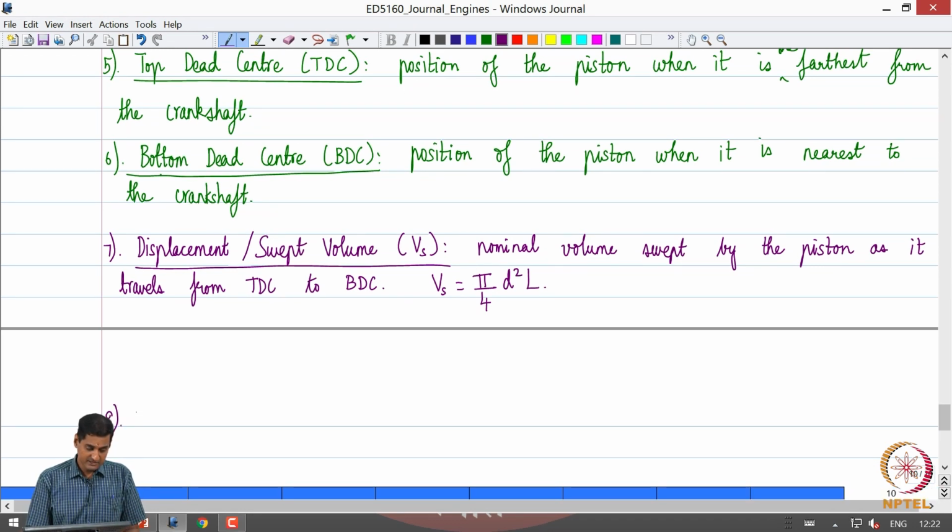Building on this, we define something called the engine capacity or the cubic capacity of the engine. What is this?